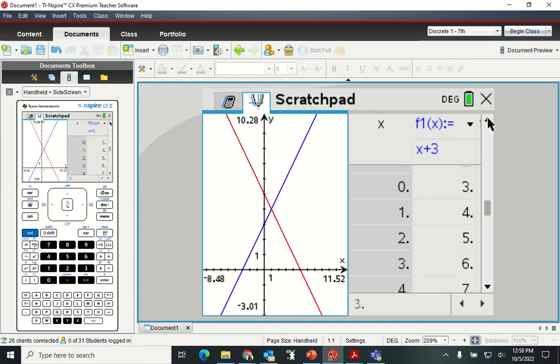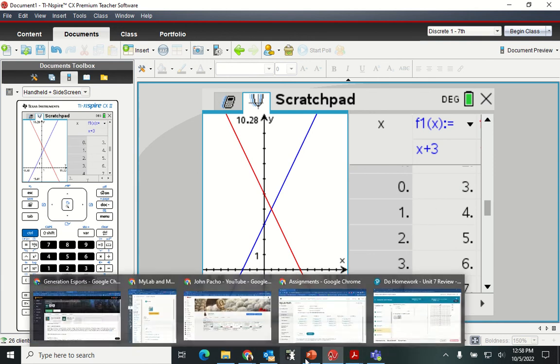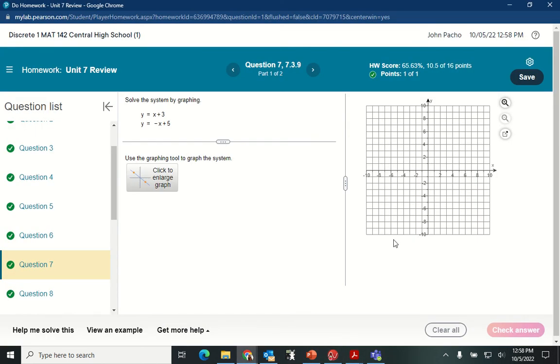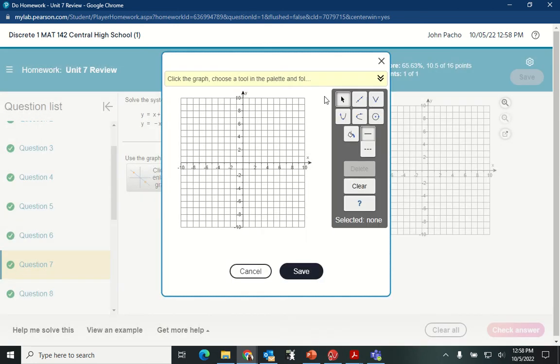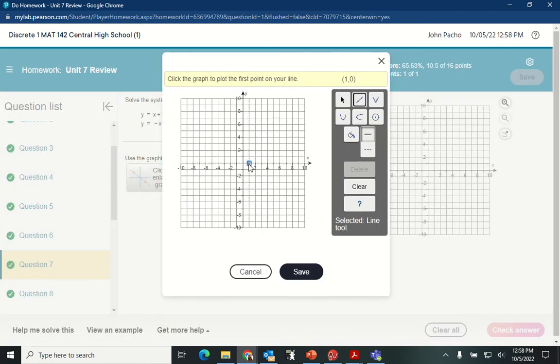So let's start by entering some numbers. The blue one is 0, 3, and 1, 4. So my first line is 0, 3, and 1, 4.